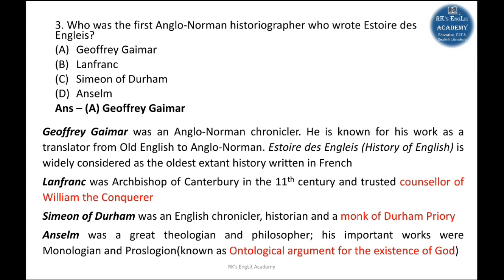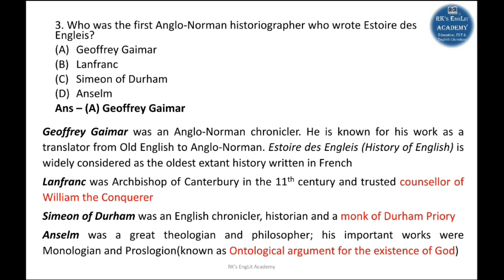Geoffrey Gaimar was an Anglo-Norman chronicler. He is known for his work as a translator from Old English to Anglo-Norman. Histoire des Engleis, History of the English, is widely considered the oldest extant history written in French. Lanfranc was Archbishop of Canterbury in the 11th century and a trusted counselor of William the Conqueror.